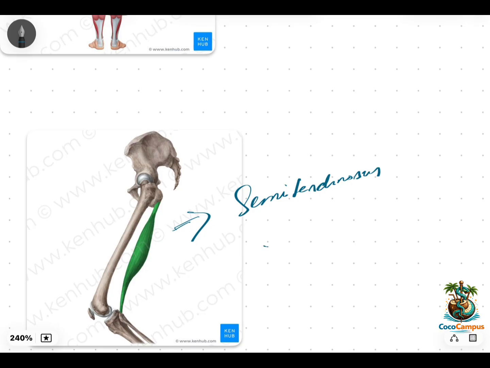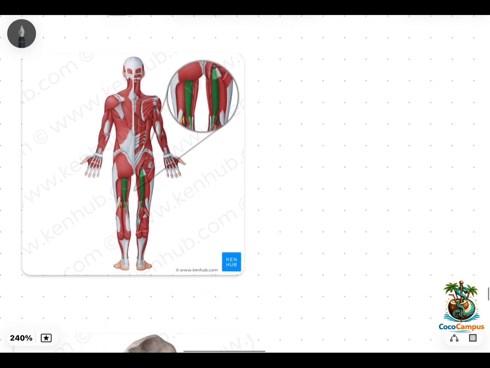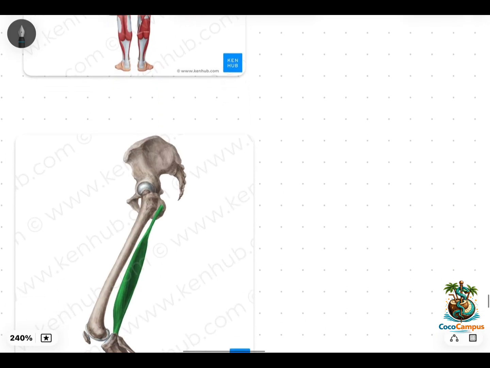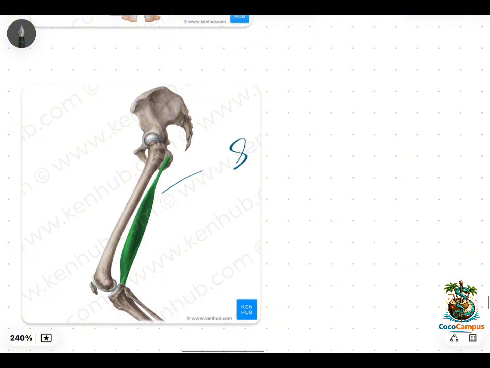Moving on to the next muscle, you have your semimembranosus muscle. It is flat, membrane-like, and it inserts on the medial condyle of tibia. So hamstring muscles, there are three of them: biceps femoris, semitendinosus, and semimembranosus.